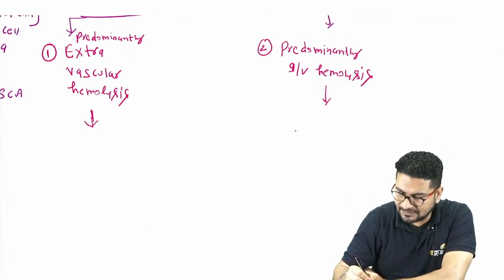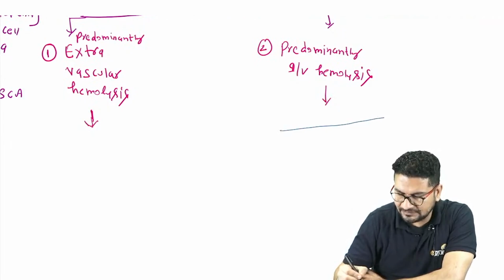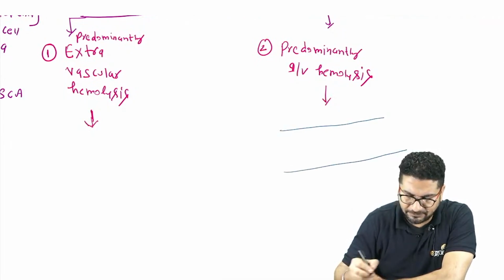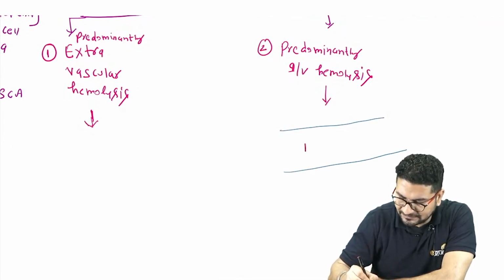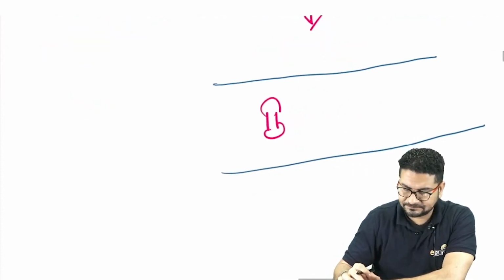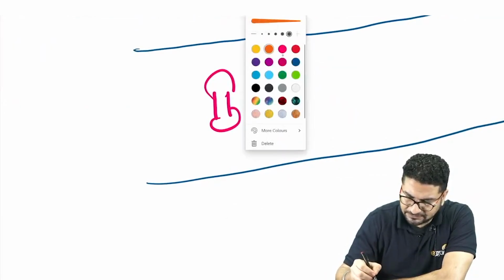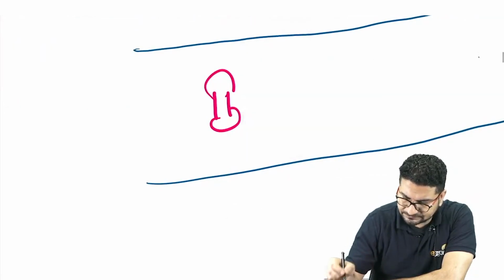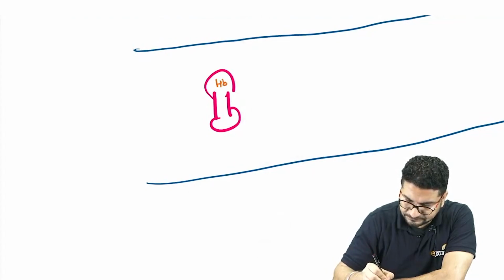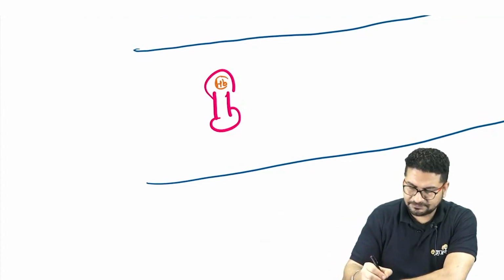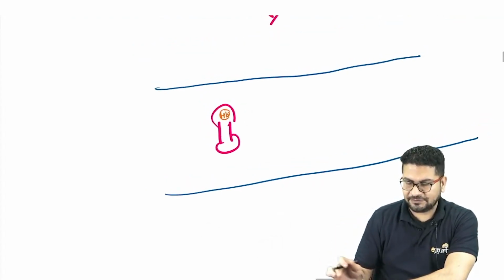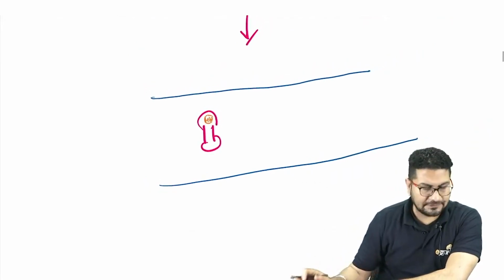So understand this very important topic, again a conceptual thing. If I say this is your blood vessel, inside the blood vessel these dumbbell shapes are your RBCs. And these RBCs have a pigment called hemoglobin. Clear? Simple. So RBCs are dying inside the vessel.